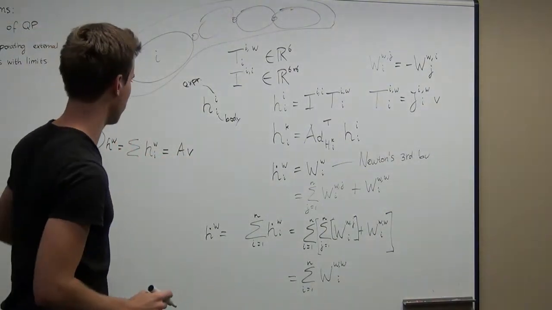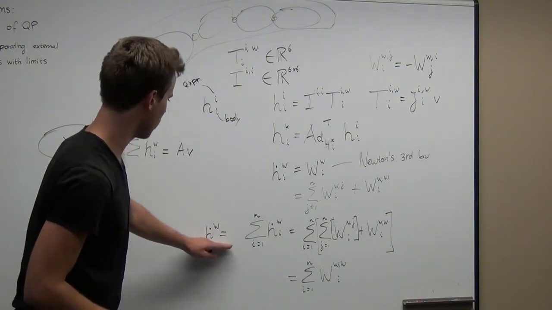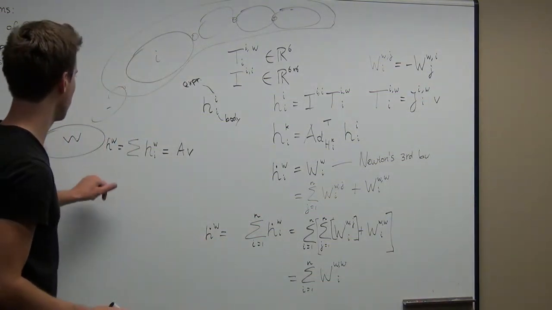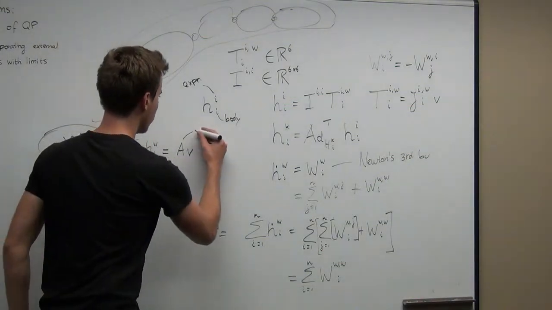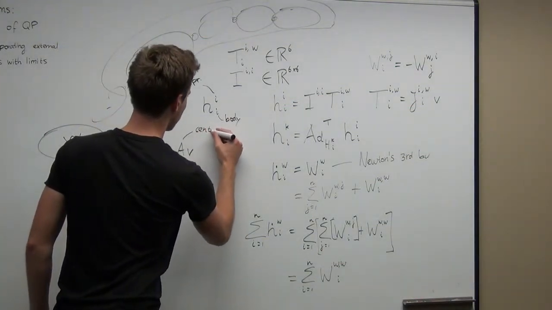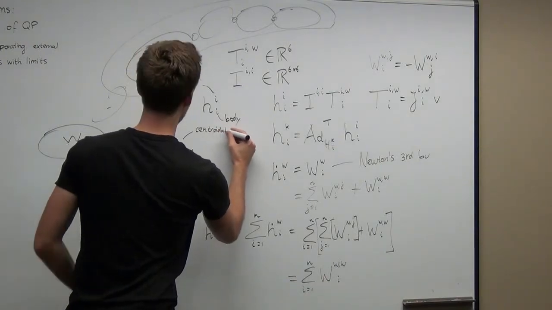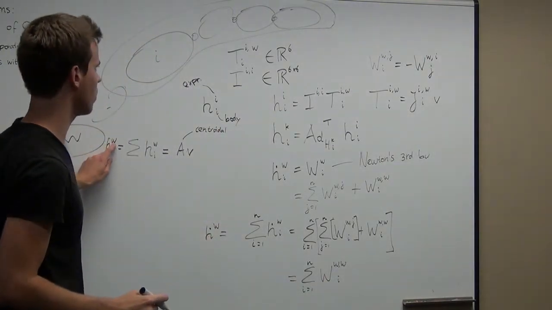So the integral of this rate of change of momentum is going to be a linear function of the velocity. And this is called the centroidal momentum matrix, if you express it in a centroidal frame.